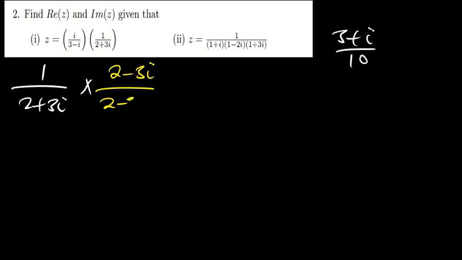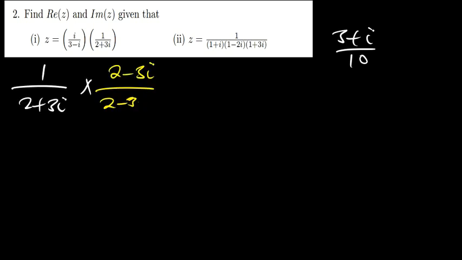So I'll say 1 divided by 2 plus 3i. This will be equal to 2 minus 3i divided by 2 minus 3i. On top, the first one we had i, not 1.